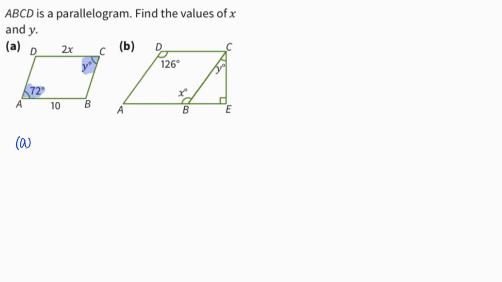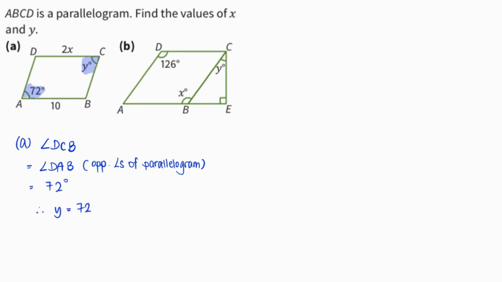And therefore, we could simply write down that angle DCB is actually equal to angle DAB, the blue color angles, because they are opposite angles of a parallelogram. And so this angle DAB is equals to 72 degrees, and therefore y is equals to 72.